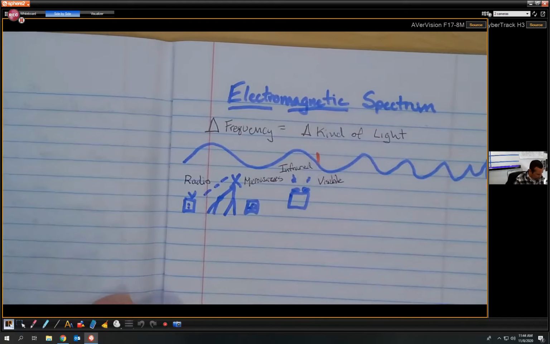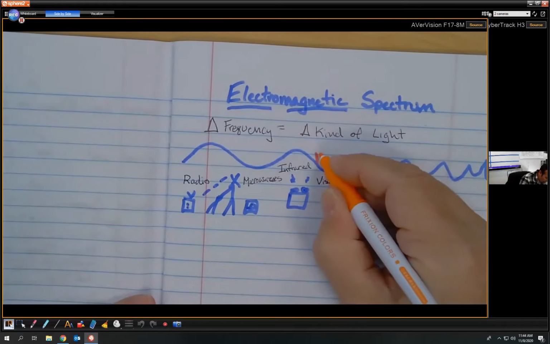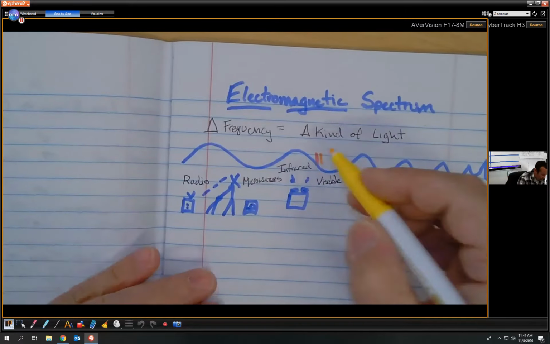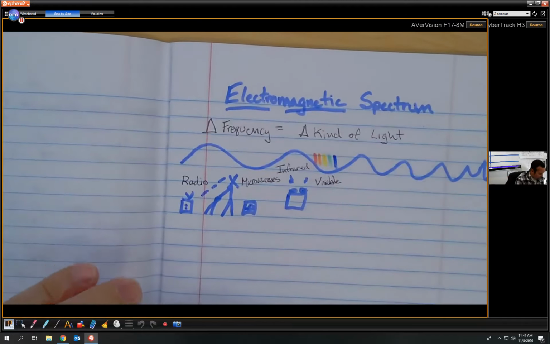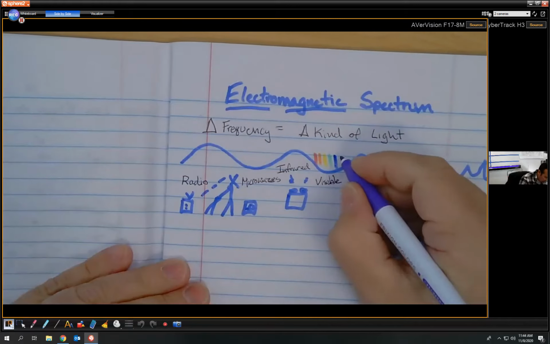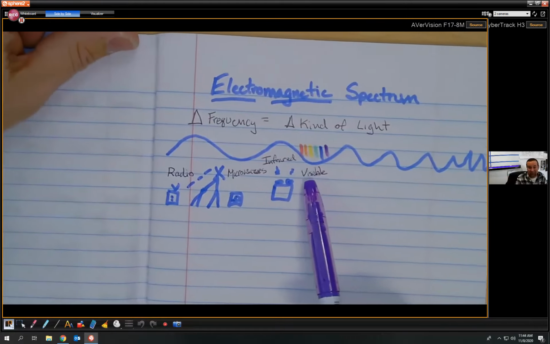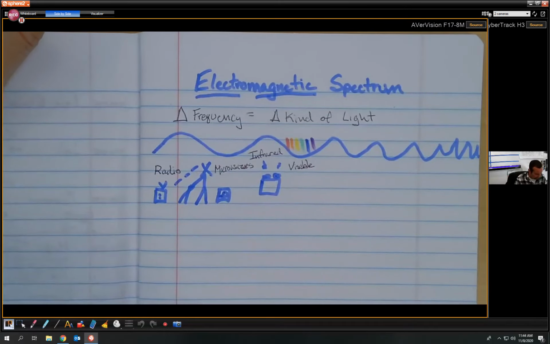We've got red, orange, yellow, green, I have some indigo, and then some violets. And this small little chunk in the middle is actually the only part of this band that we see.